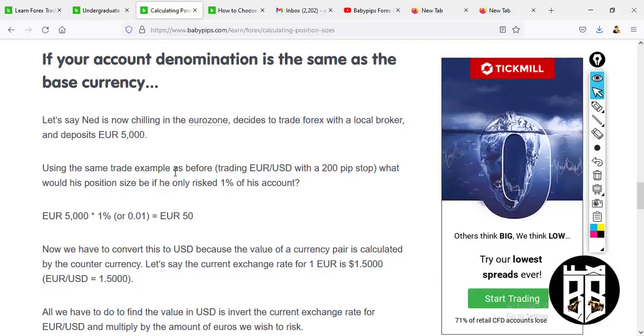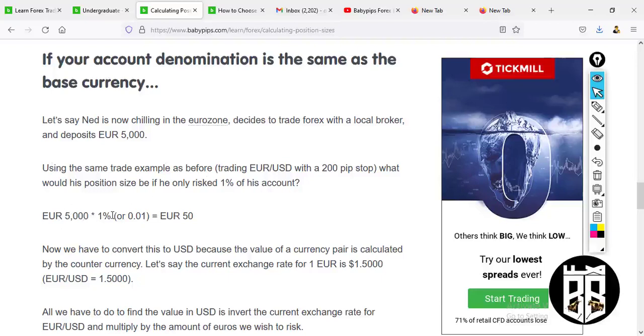Now using the earlier example, we are going to calculate the value of the base currency, which will be calculated against the counter or the quote currency, right?